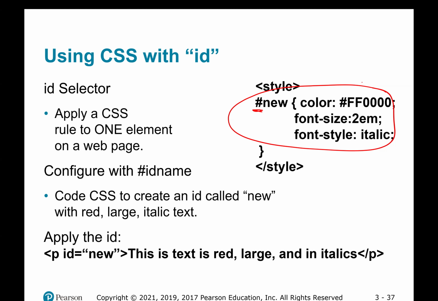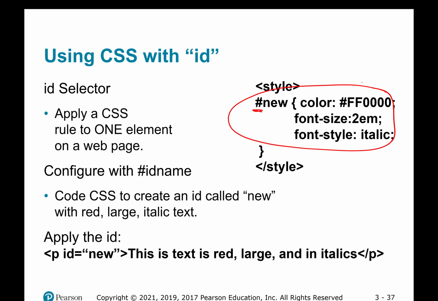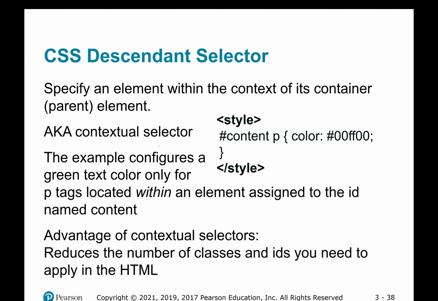A class rule could be applied to any paragraph or any other element, but this rule is going to be applied only to one element of the page. Okay, so that is the important thing to remember. Probably I'm also going to ask you in the exam: what is the difference between class selector and ID selector?